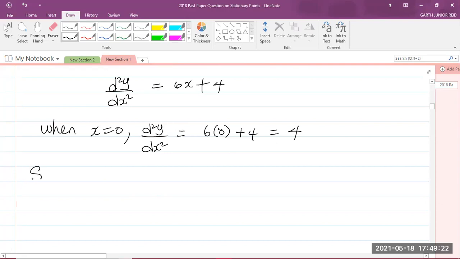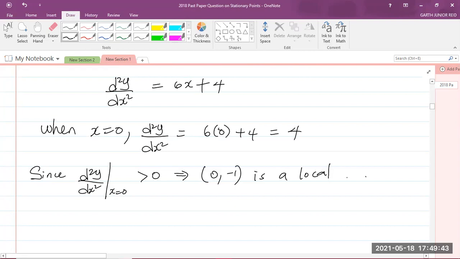So we can now say that since d2y by dx squared at the point x equals 0 is positive, meaning that it is greater than 0, that implies that our stationary point 0, negative 1 is a local minimum point.